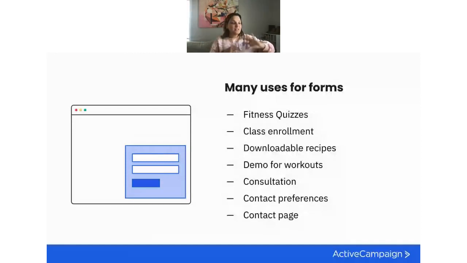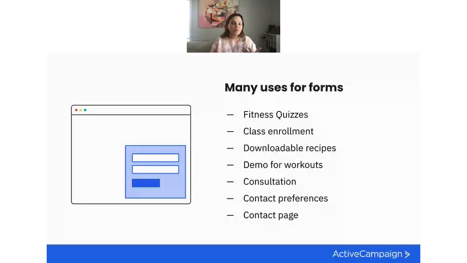Well, for our B2C example, we're using forms for fitness quizzes. Once you decide that you want to be a part of the challenge, I have a lot of questions that I want to ask you, right? Like I want to know, what's your current weight? What's your goal weight? What things don't you like to do? What are you struggling with? How is your eating habits? Things like that.